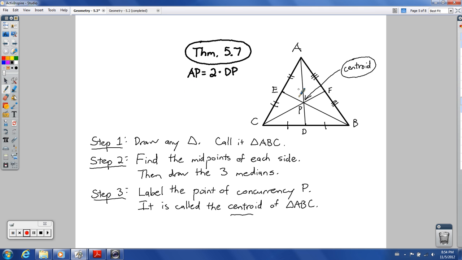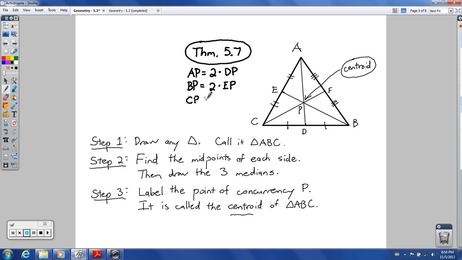So AP is 2 times bigger than DP. If you cut the whole thing into thirds, the book says this is 1/3 of the whole thing, and this is 2/3 of the whole thing, which should make sense if it's 2 times bigger than the shorter part. So BP, same sort of thing. BP is 2 times bigger than EP, so 2 times EP.